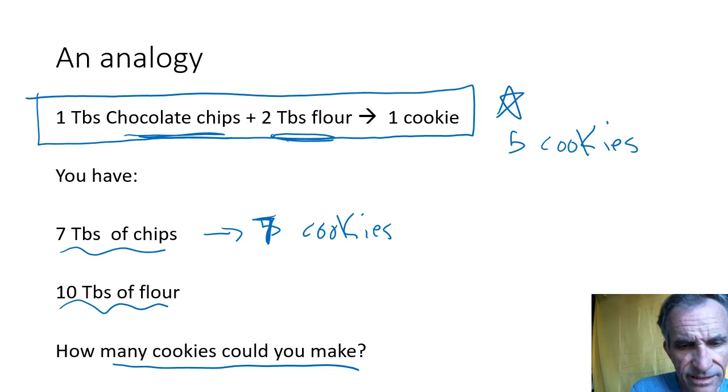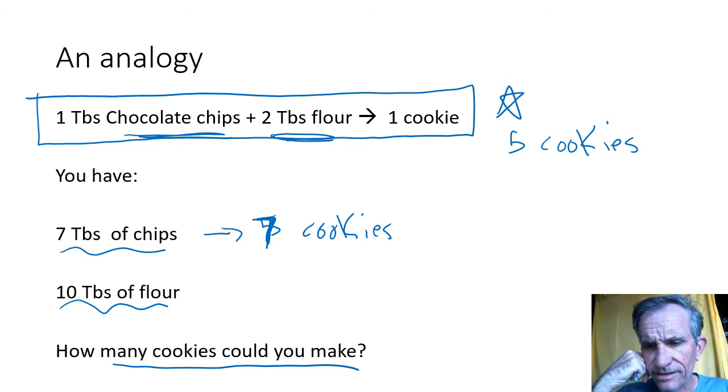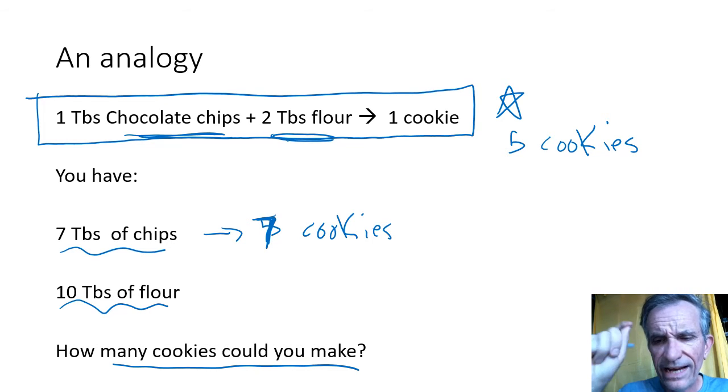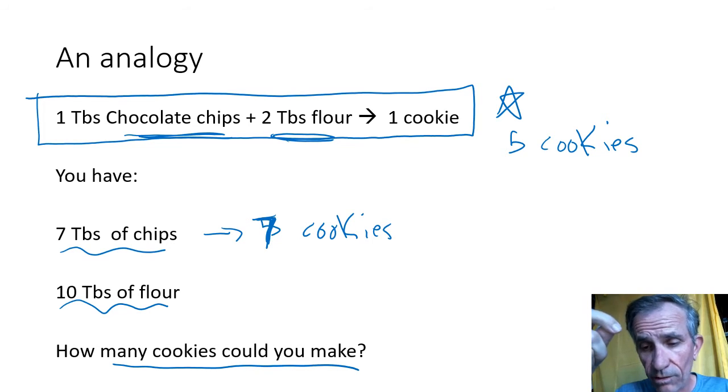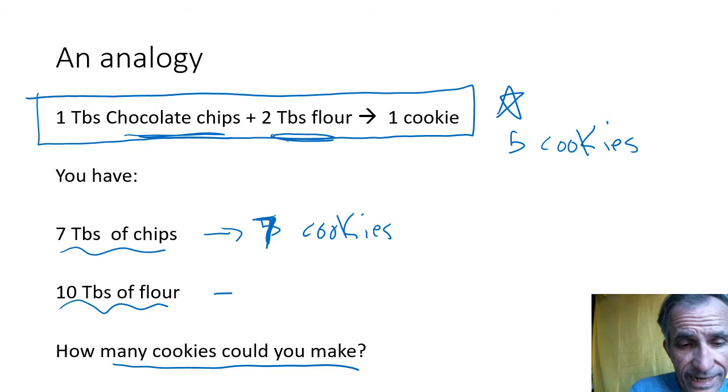This should say 7. I have enough chips for 7 cookies. I'm sorry, I messed that up. Now based on the flour, because I need 2 tablespoons of flour for a cookie, I have enough flour for only 5 cookies.